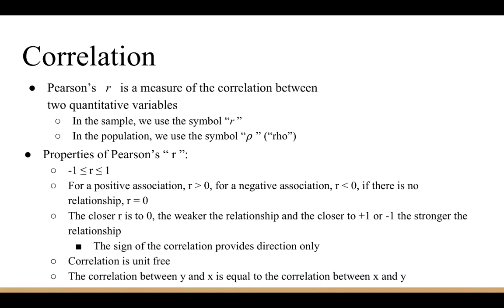And correlation is unit free, so you can compare yards to inches and it will still have the same correlation, so you don't have to worry about units. And the correlation between y and x is equal to the correlation between x and y. So when you're comparing the 2 quantitative variables, it doesn't matter which one is x and which one is y.